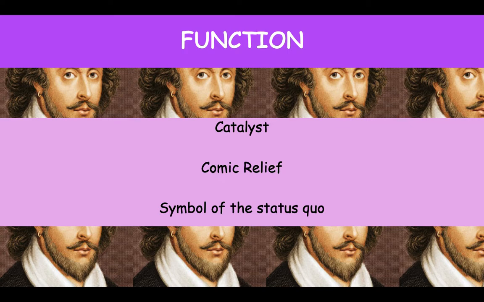Does she create a contrast then for Juliet? Because Juliet does say, you know what, the only power I have is to die, and I'm willing to do that. So Juliet really takes on the status quo and challenges it in some respects. I want what I want and I'm going to get it, and if I can't get it, I'd rather die. So she uses all the power that she has, whereas the nurse feels powerless.